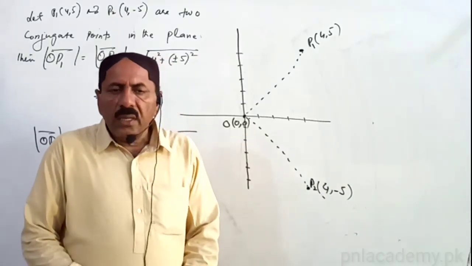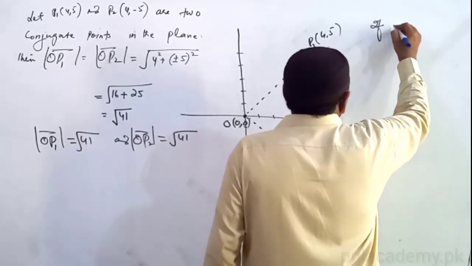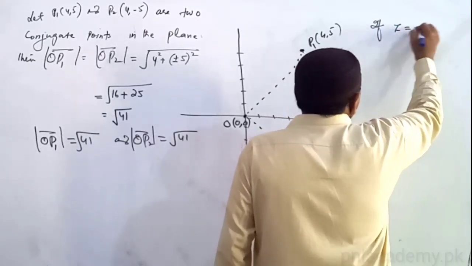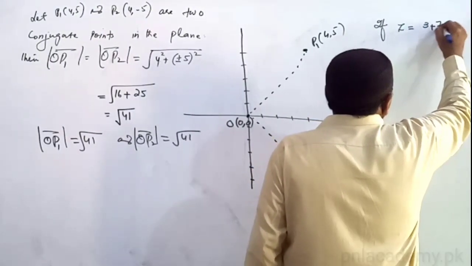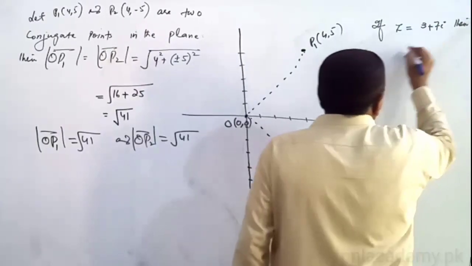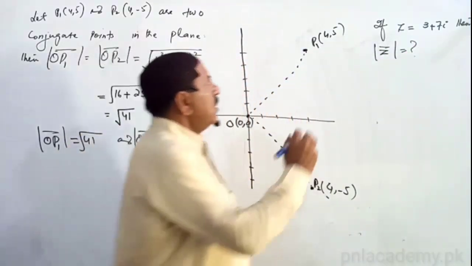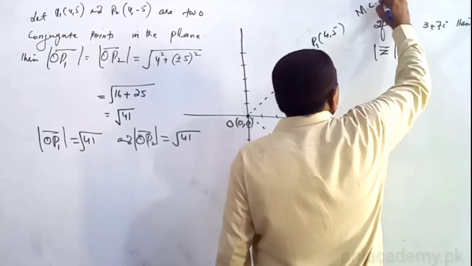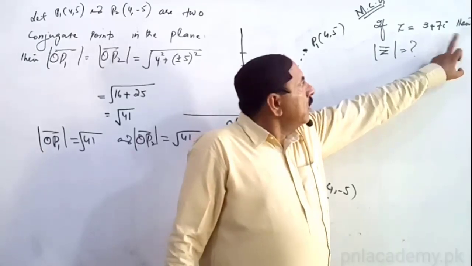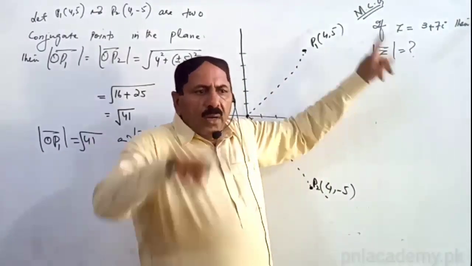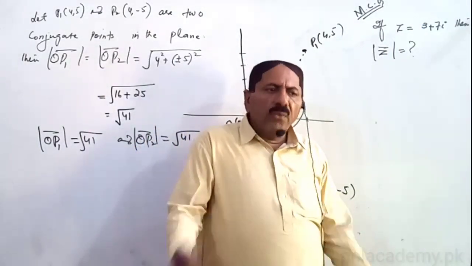So the question is, if Z is equal to 3 plus 7 iota, then what is the mod of Z bar? What is the value? This is the MCQ. If Z is equal to 3 plus 7 iota, then Z bar, the absolute value, two parallel lines show the mod value or absolute value.